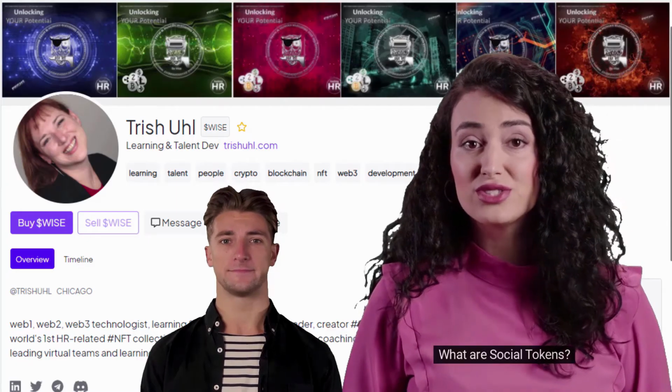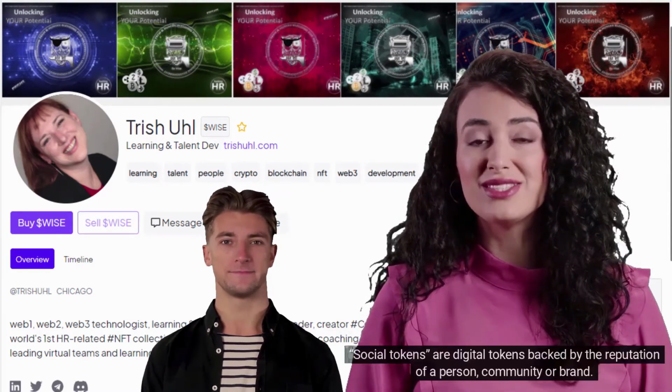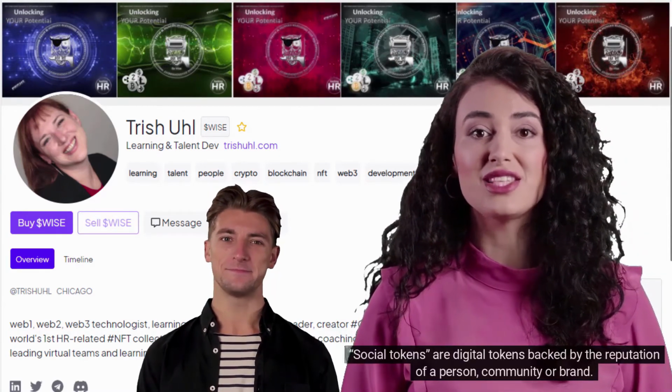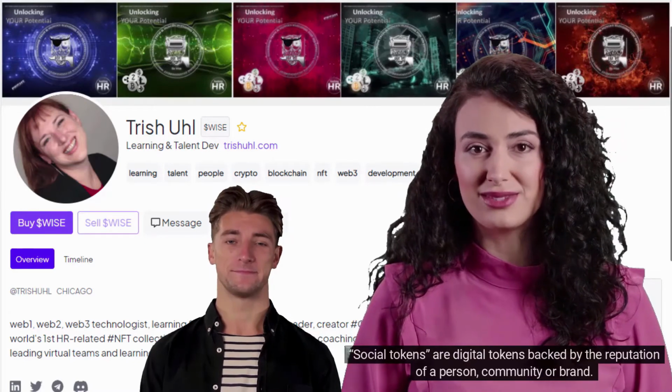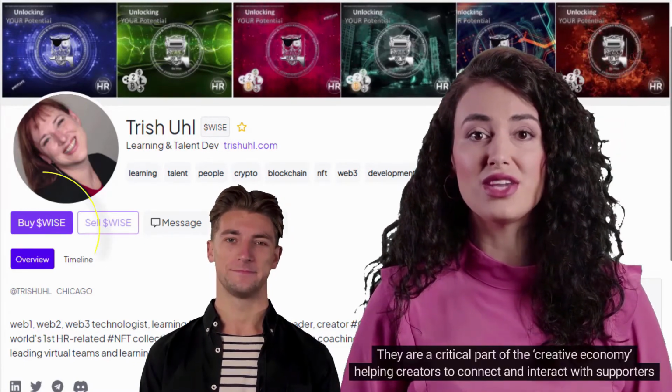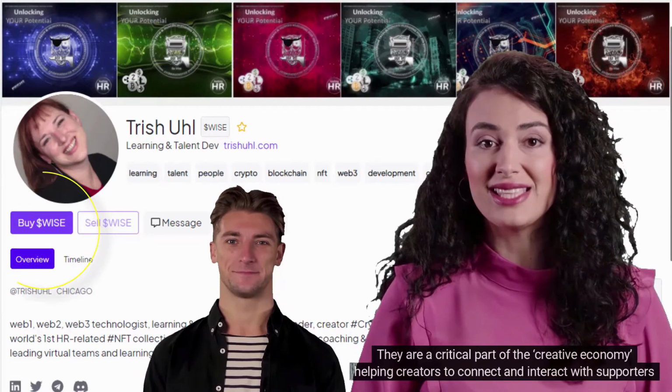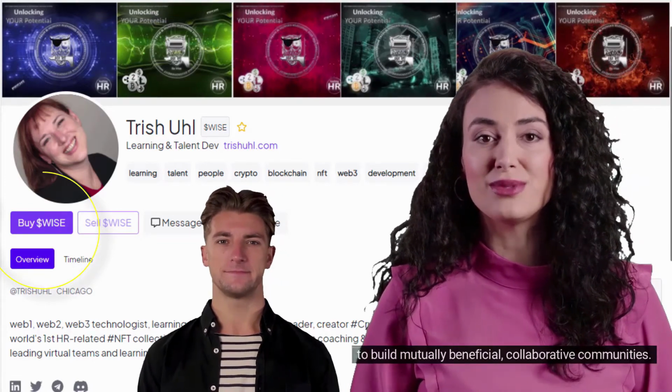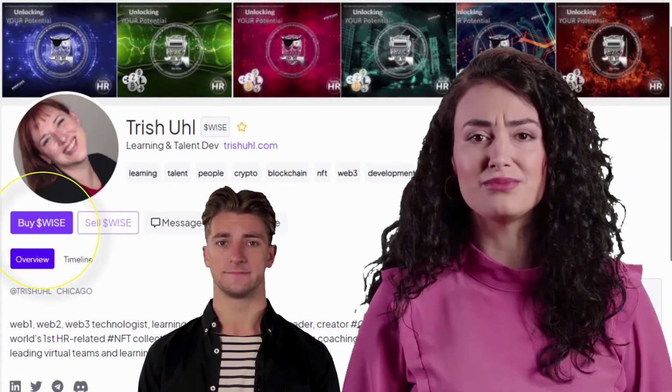What is the definition of a social token? Social tokens are digital tokens backed by the reputation of a person, community, or brand. They are a critical part of the creative economy, helping creators to connect and interact with supporters to build mutually beneficial, collaborative communities.